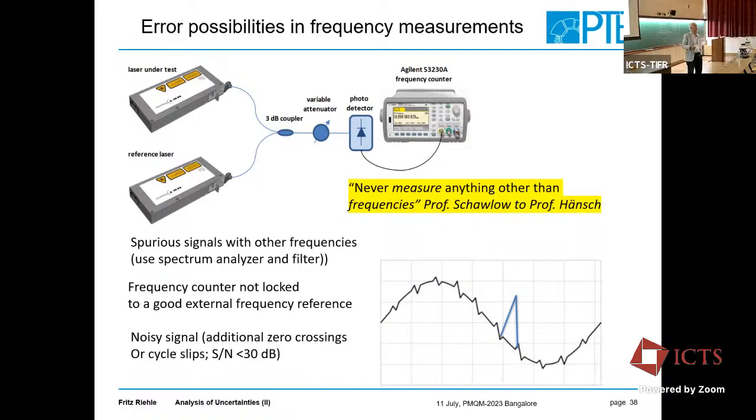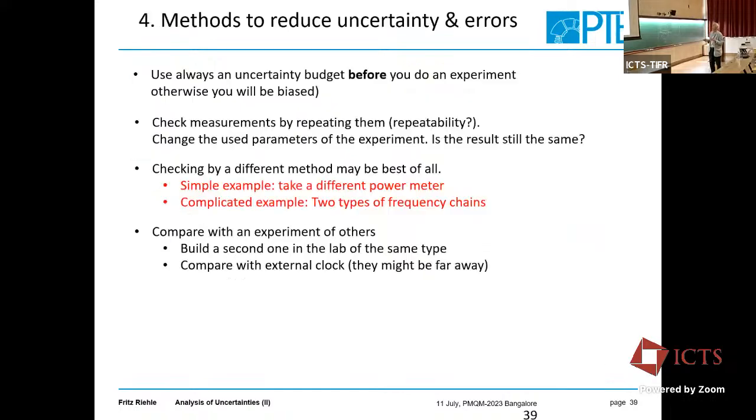And we learned with this frequency chain, I could see it in the night, if the signal to noise at a certain stage went down below 30 dB, cycle slips also occur. So you have to have very good signal to noise. Okay, go on with this.